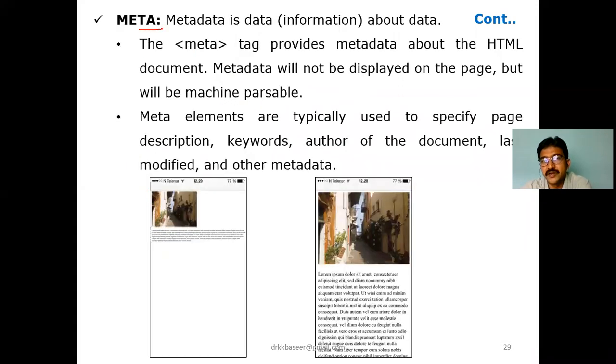And meta is another element, as I said, right? See here, when you see the same image, the screen will be like this. When you see another image, which is displayed in a different size, the data is like this. So data about data will vary from screen to screen. It is not displayed on the page, it is metadata.